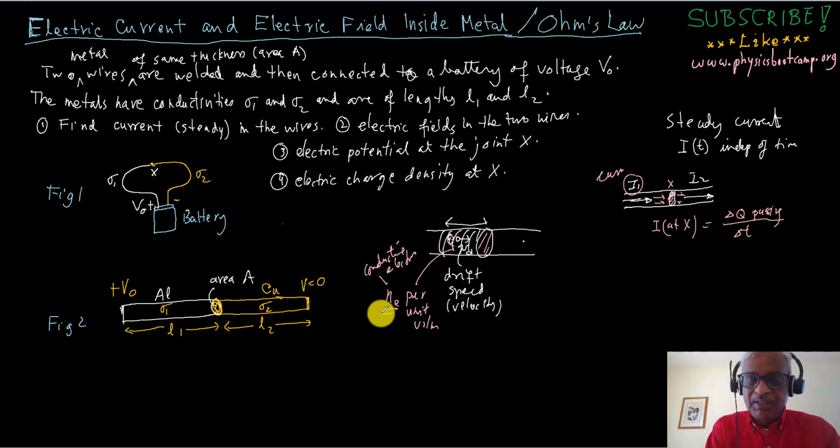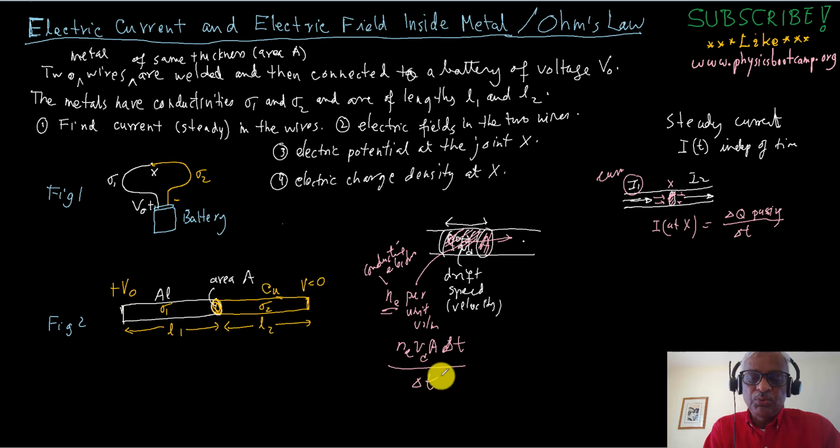But suppose I have this as per unit volume, and so all the charges in this volume would have crossed me, right? So this is n_e times, what's the volume? vd times the area of cross section A times delta t, would have crossed it in delta t, and divide by delta t.